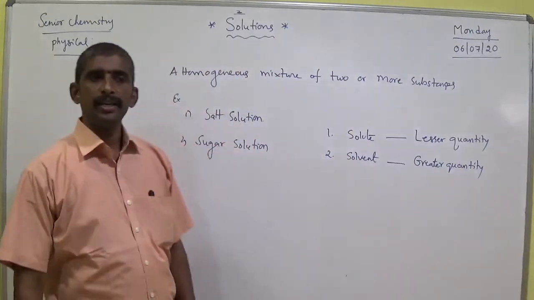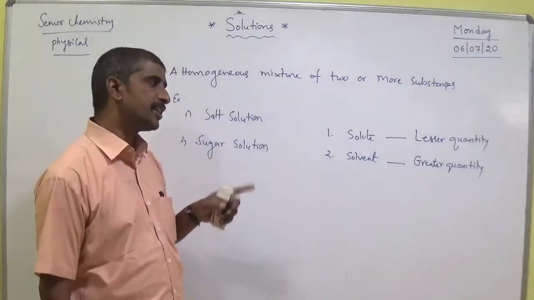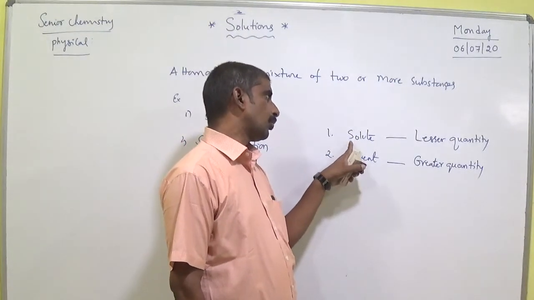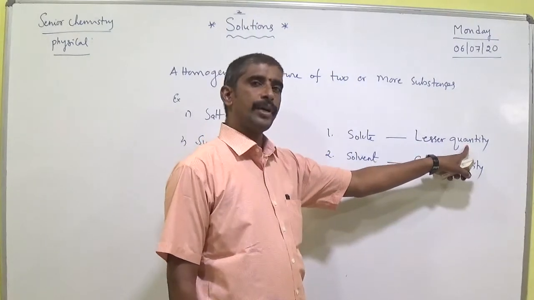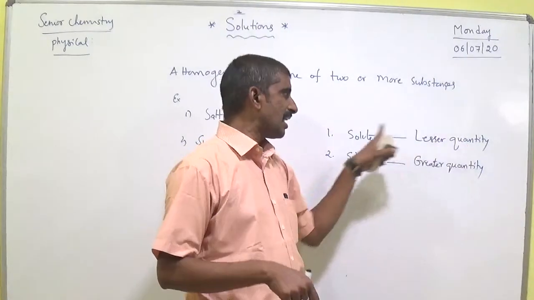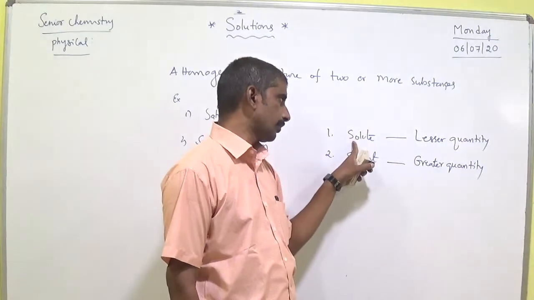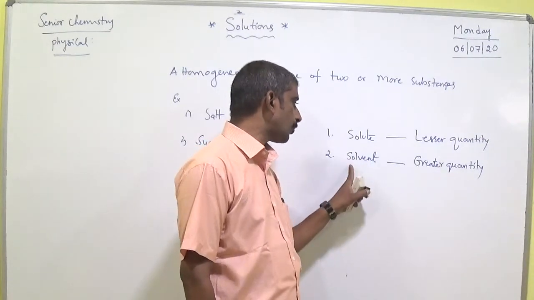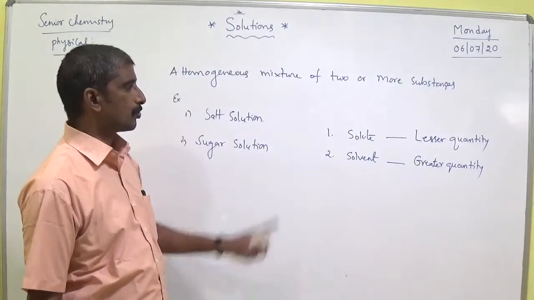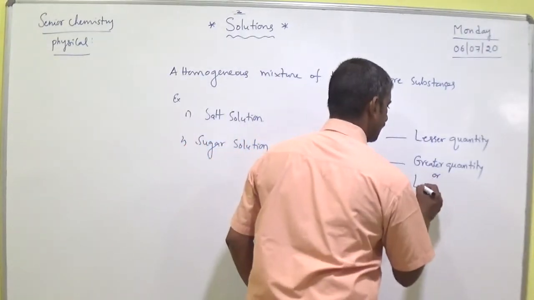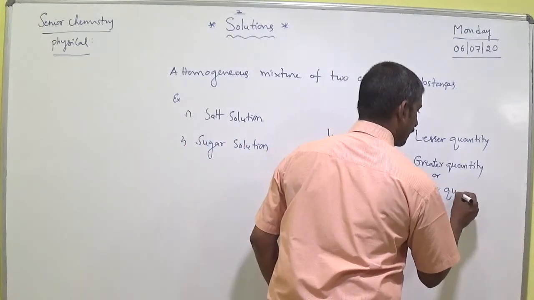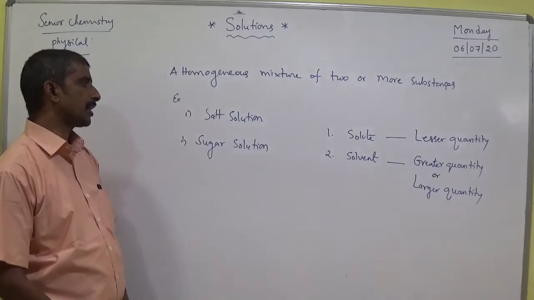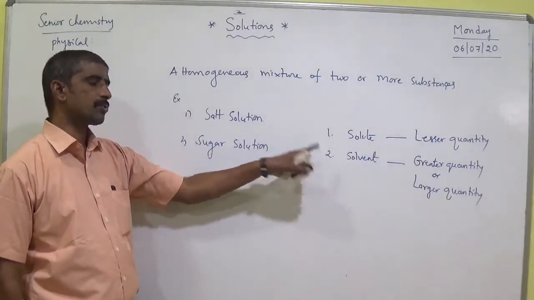Binary means two. A binary solution contains two components. First one is solute, second one is solvent. Solute means the lesser quantity component in a solution. The component of larger or greater quantity is known as solvent.